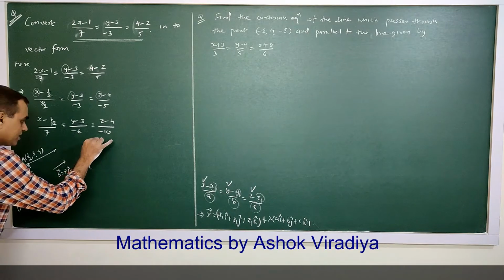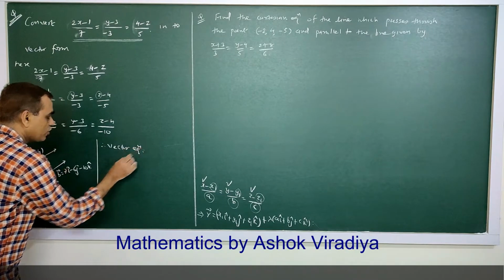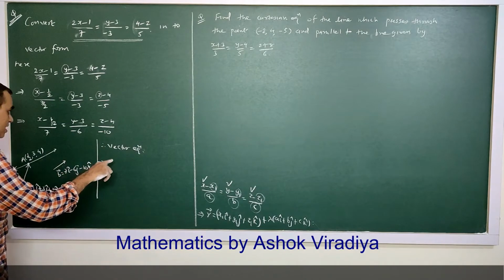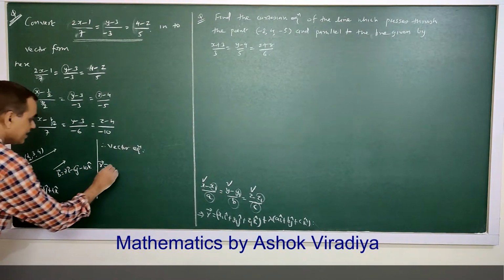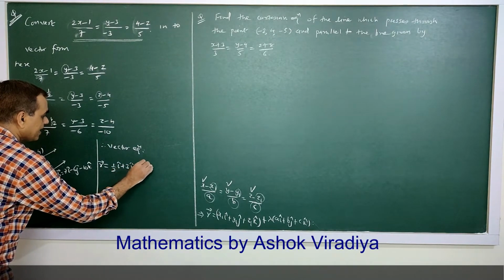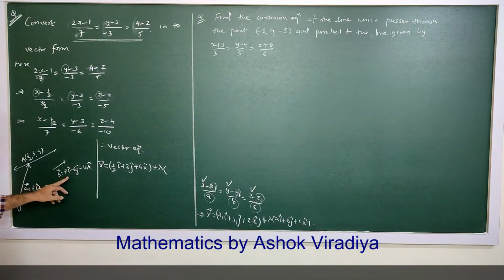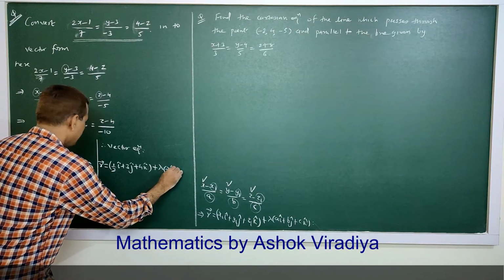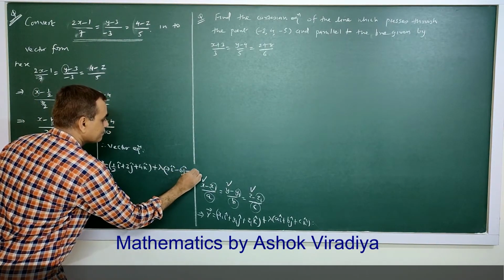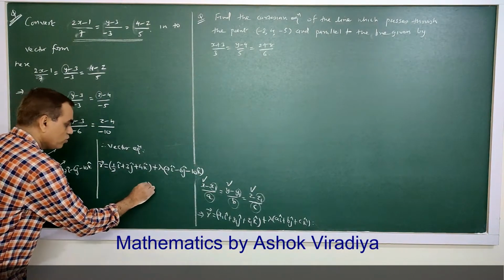So the vector equation is vector r is equal to vector a. What is a now? 1 by 2 i plus 3j plus 4k plus lambda times b. B is 7i minus 6j minus 10k. Lambda belongs to R.